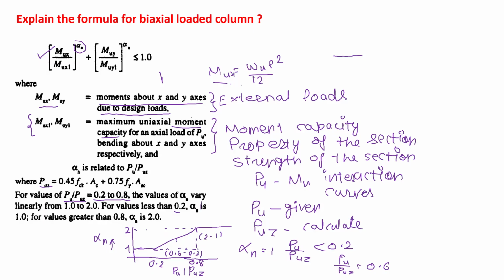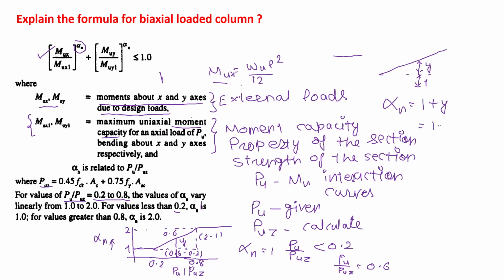And 0.6 is somewhere here, so here we have 0.6 for PU upon PUZ. So this is y. How will we get this value? We have to add this 1 to it. Below this we have 1, which is till 0.2, and this y value we calculate using similar triangles, and then I will get alpha n as 1 plus y.